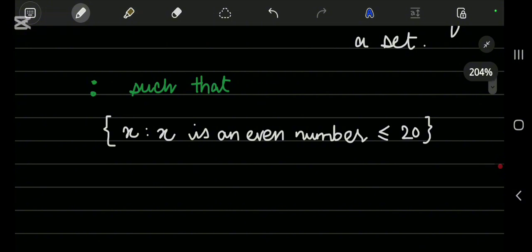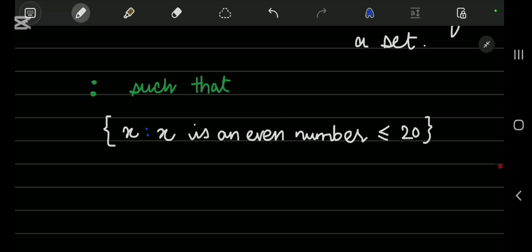Okay, this is how most of the time they give you the description. This is the colon. So how do we describe it? That x is an even number less than 20. So this is what they give you, and you should understand what these double dots represent.